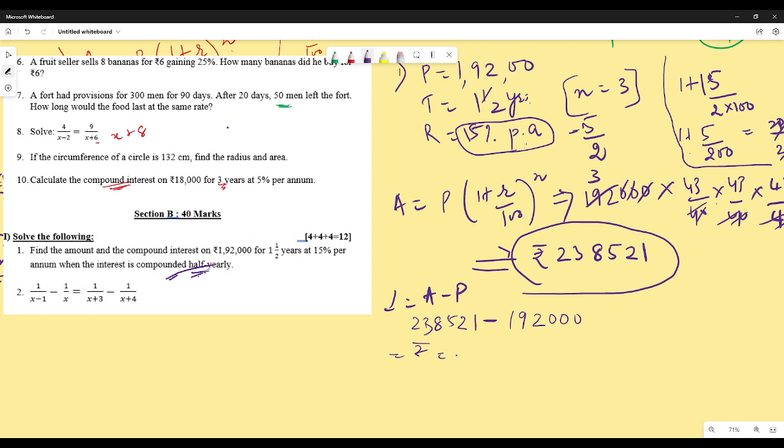When you come out with that, you get the answer as 46,521 rupees. So this would be your final answer for this question.